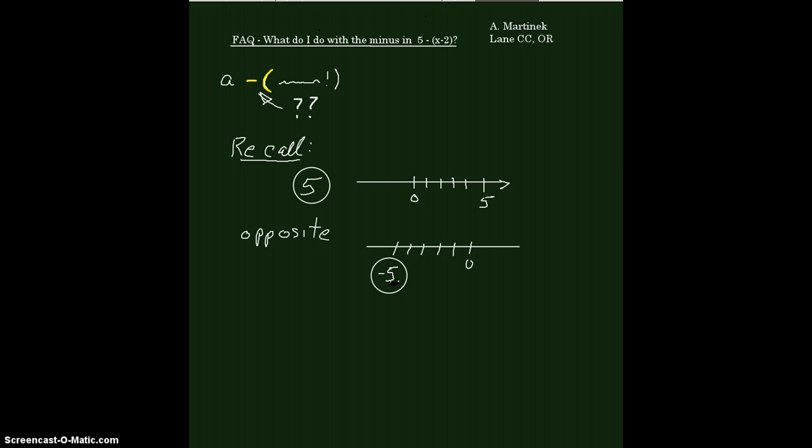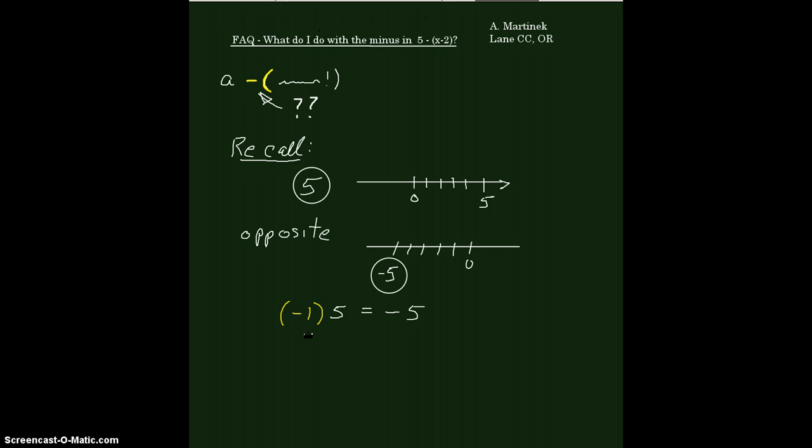Now notice that we can get the minus 5 by multiplying by negative 1. If I take a negative 1, that quantity, and I multiply it by 5, what do I get? Well, 1 times 5 is 5, but I know that if I have a negative times a positive, then my answer is going to be negative, so I get negative 5.